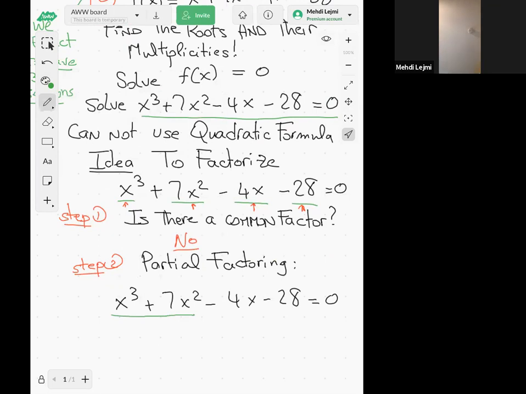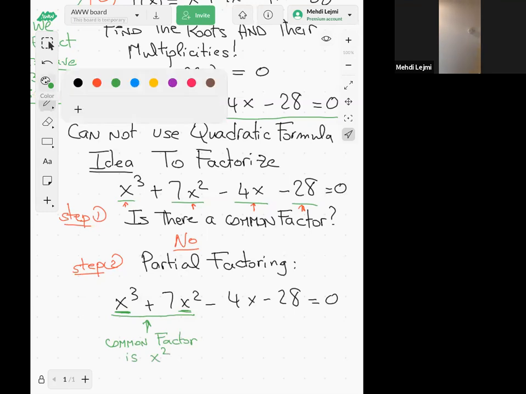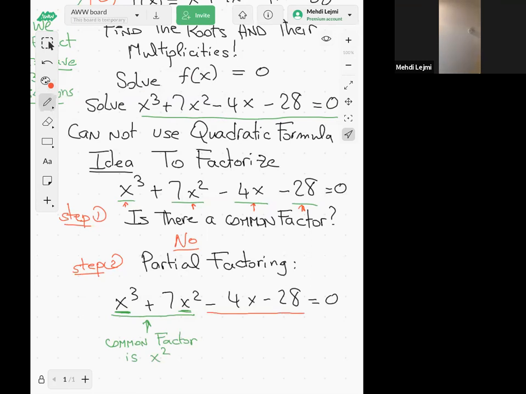If you just take the first two terms, then you can see there is a common factor here. Here's an x cubed, here's an x squared, so a common factor would be x, and I can do better than x actually. The common factor is actually x squared, right? And if you take the last two terms, minus 4x minus 28, what would be a common factor?